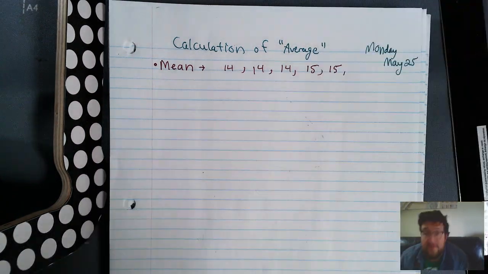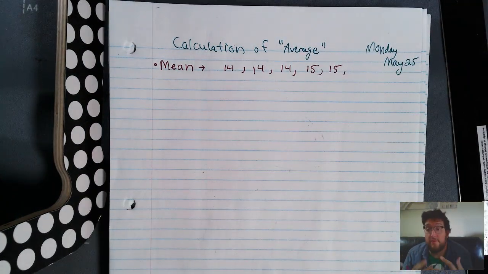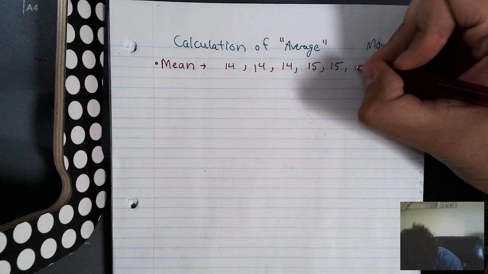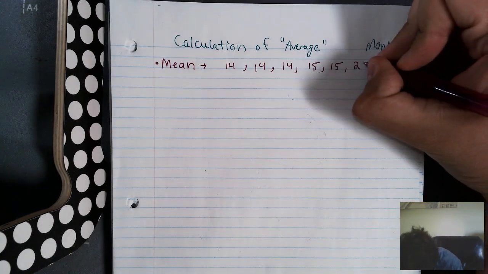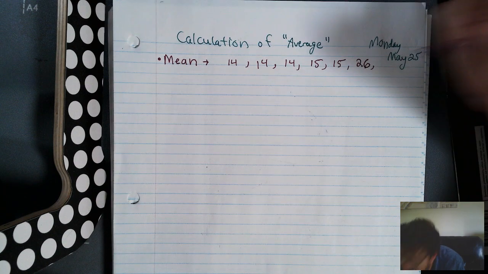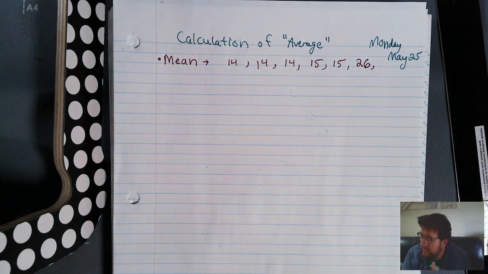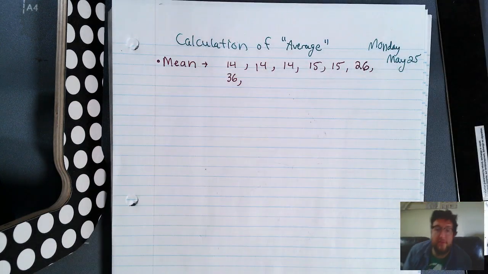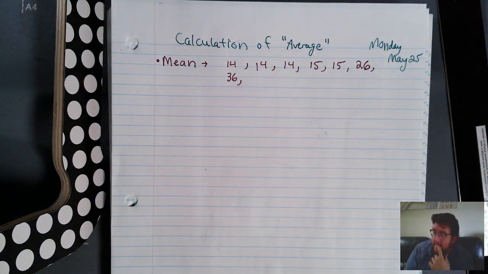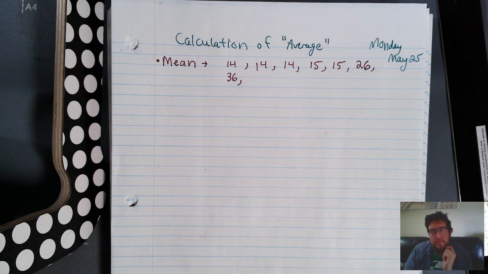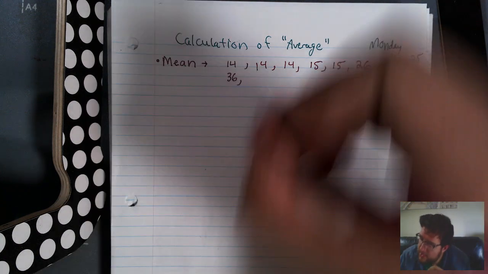We're going to find the average age of everyone in the room. I would be in your room, so we'll put my age down. And our EA might be back, so we'll put her age down. I'm just going to say she's 36. I don't know if that's true. And let's also say that Miss Stewart is in the room, and she's also 36.